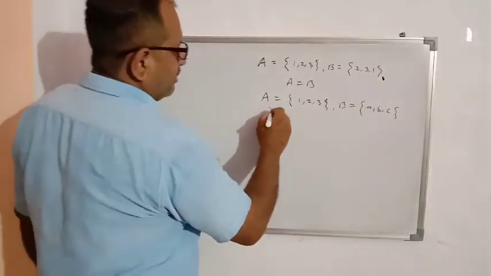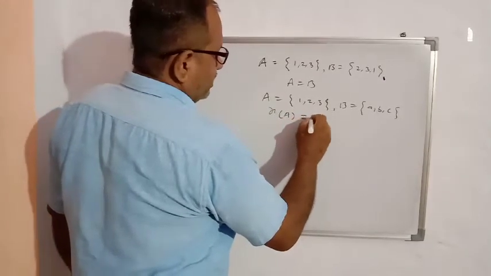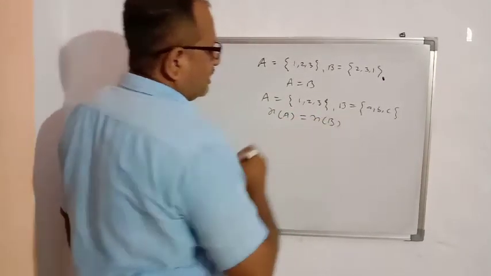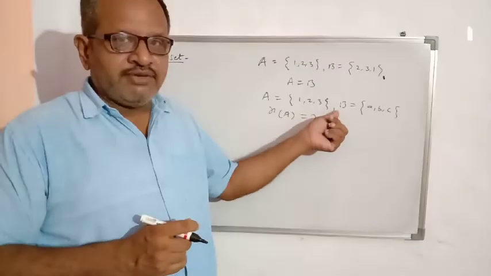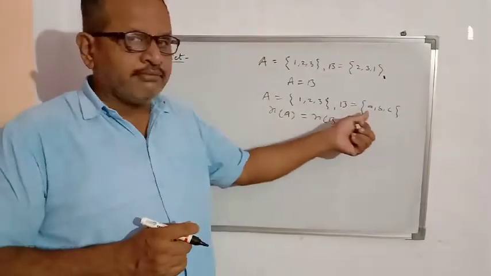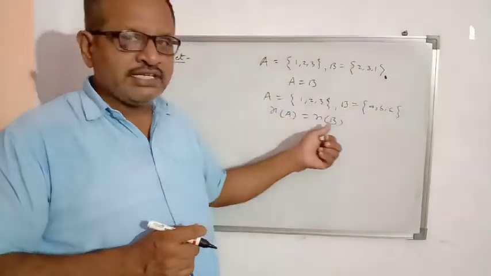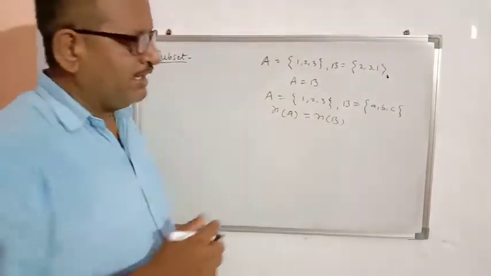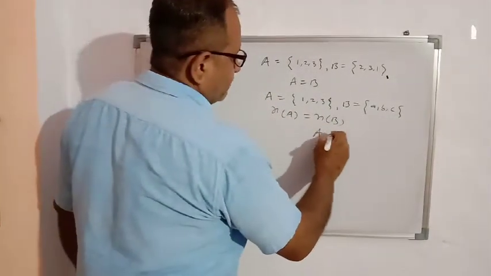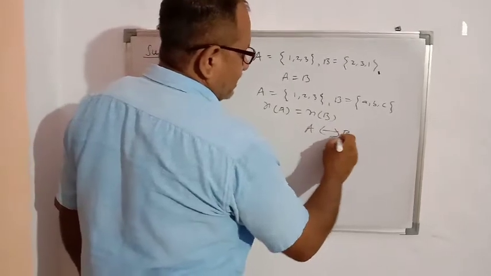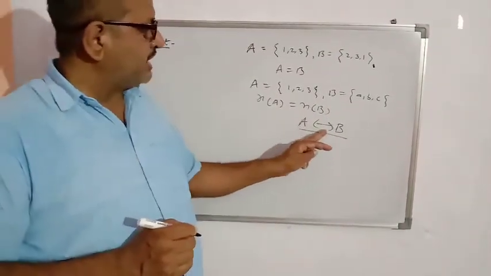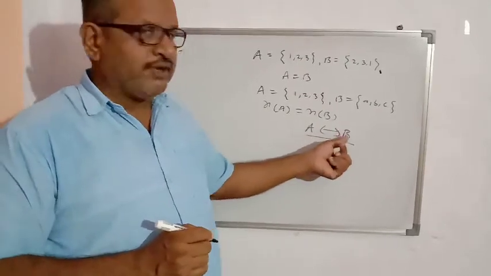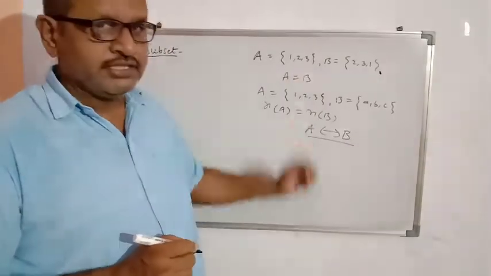So the cardinal number of A is equal to the cardinal number of B. So two sets are said to be equivalent if their cardinal numbers are equal, meaning they contain the same number of elements. Equivalent sets are represented with a double-sided arrow: A ↔ B means A is equivalent to B.